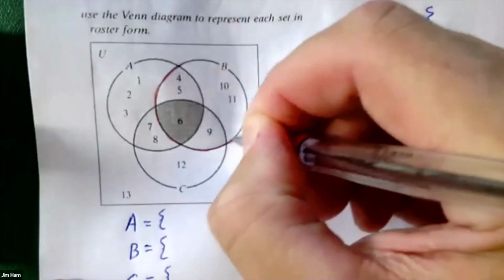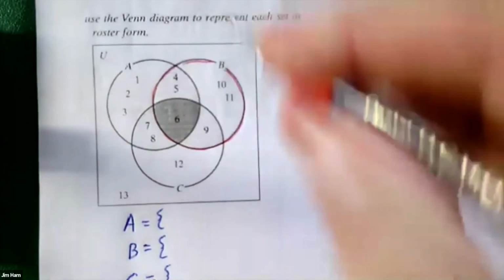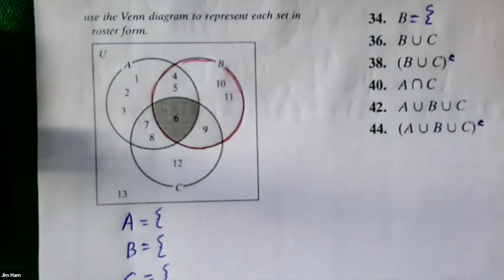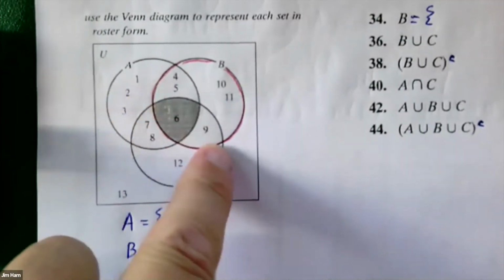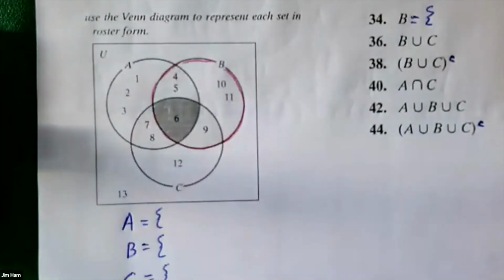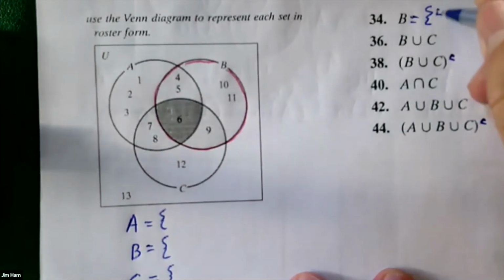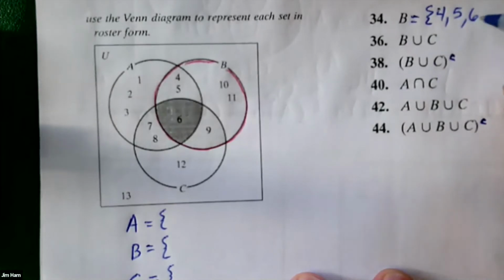And here's the B circle. So not only do we include the 10 and 11 that's hanging out there by itself, but there are these other numbers, 4 and 5 and 6 and 9. All of those numbers are in B. So the elements of B are 4, 5, 6, 9, 10, and 11.